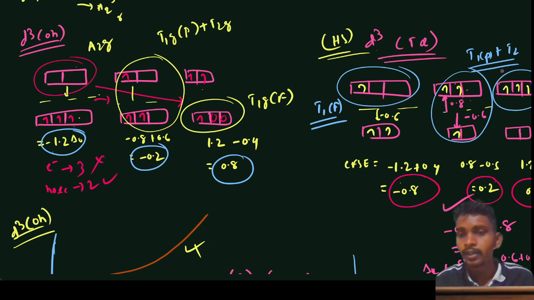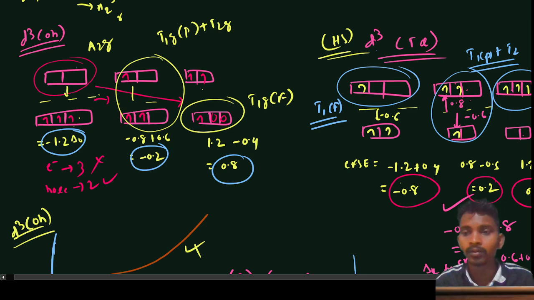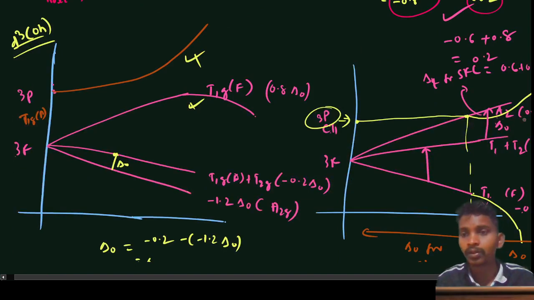Okay, this is right, and for this case A2, this is 4, so 0.6 here, no electron is there, so why? So this value will be 1.2 delta T. So this value is not 0.6, that is 1.2.